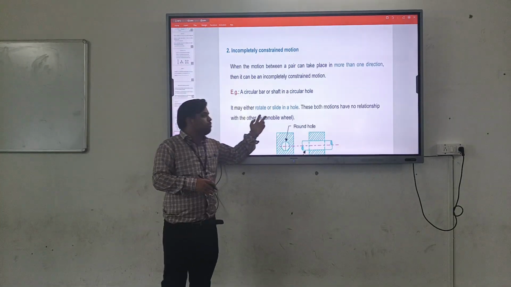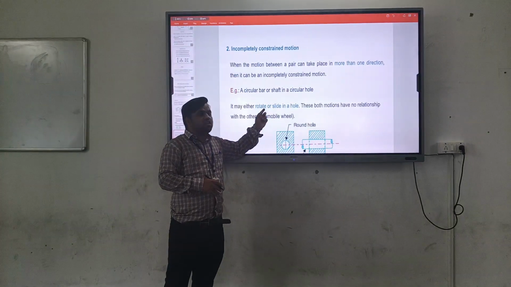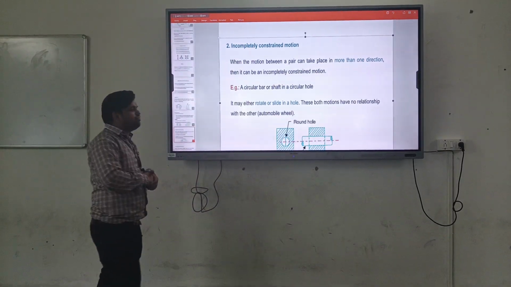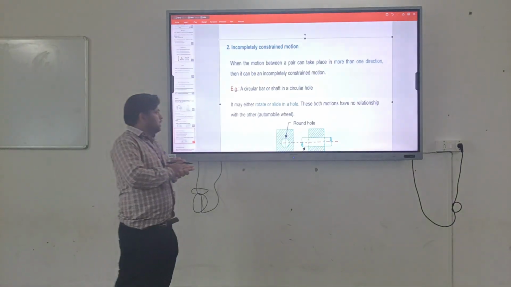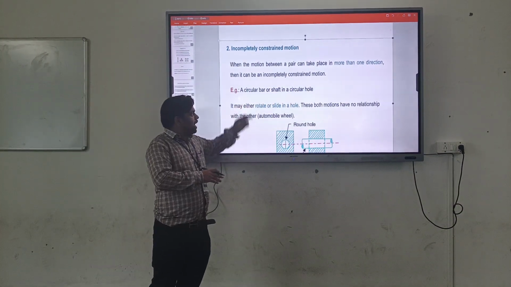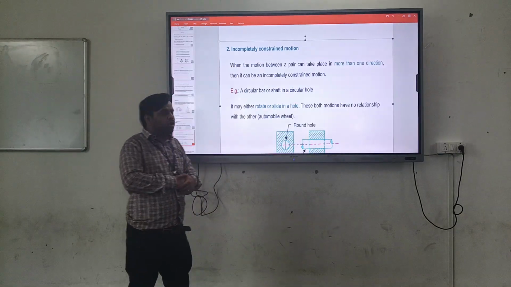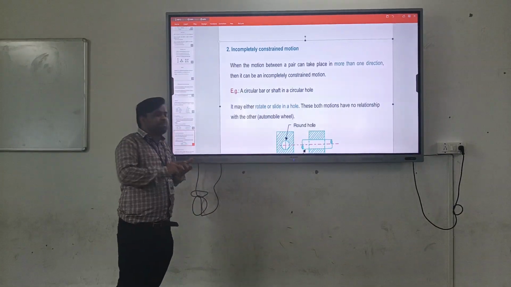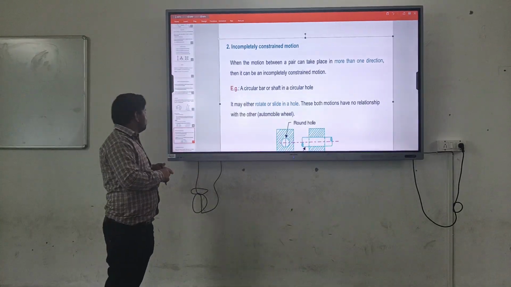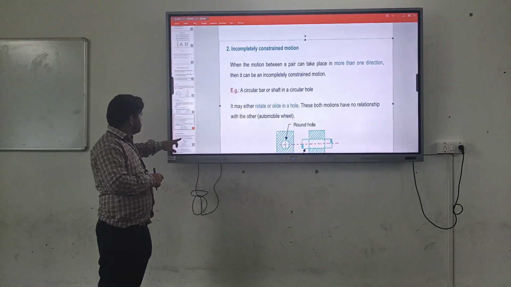It has two types of motion, rotate or slide in a hole, and these motions have no relationship with each other. So it has two different directions of motion, more than one direction.